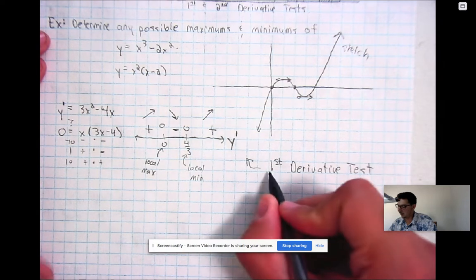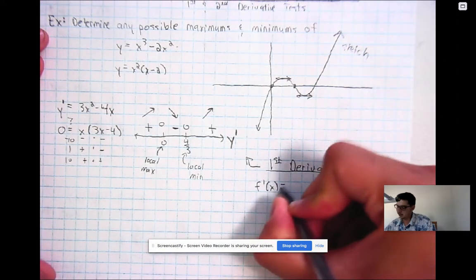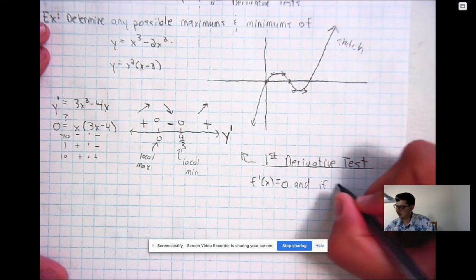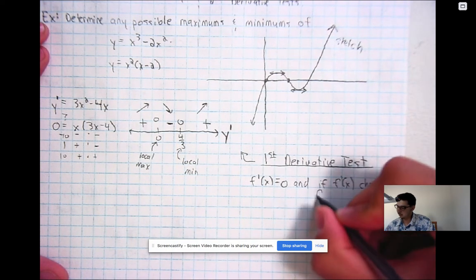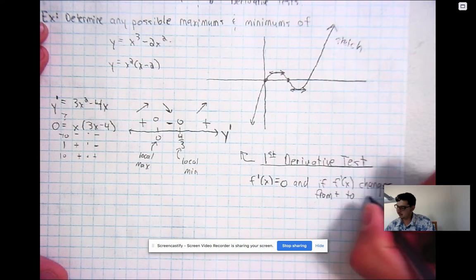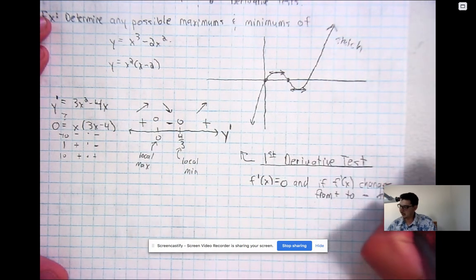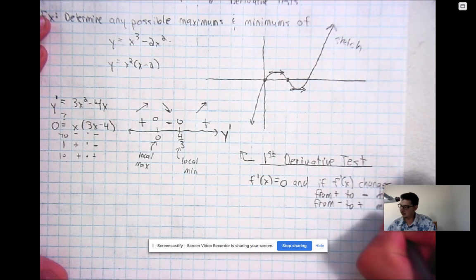The first derivative test, which is what we've done, is you want to find when the derivative equals 0, and if the derivative changes from positive to negative, you'd have a max. And if it changes from negative to positive, you'd have a min.